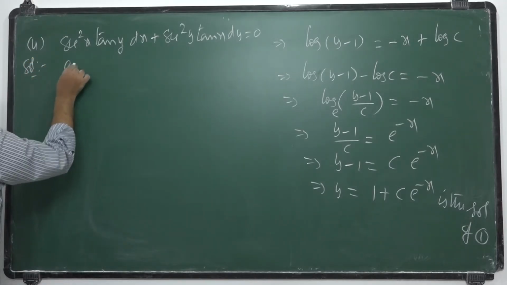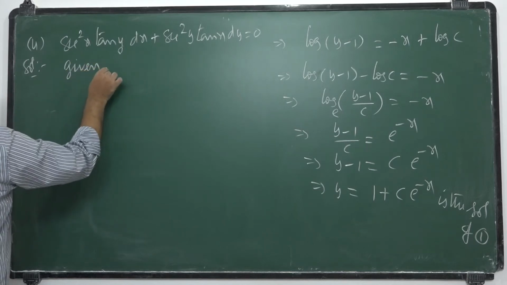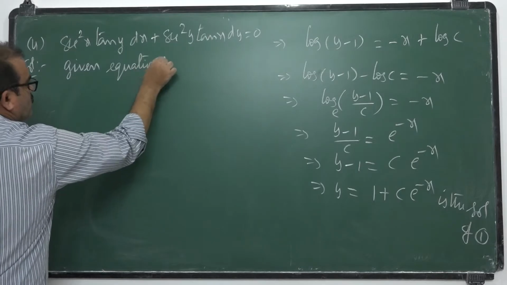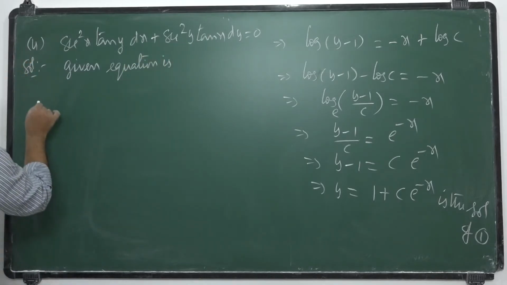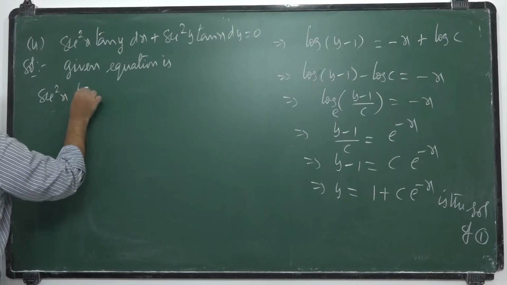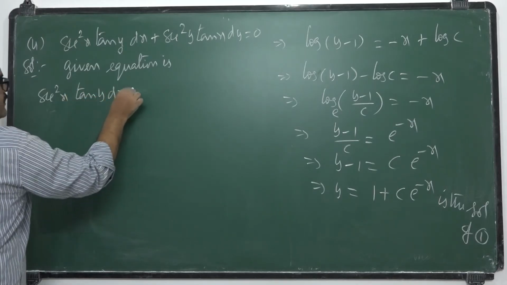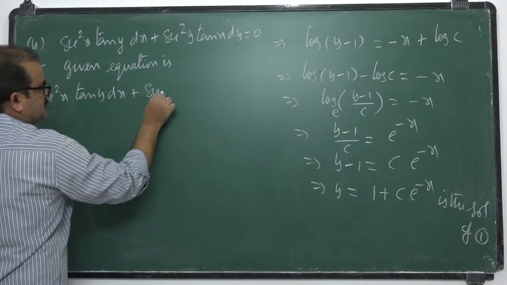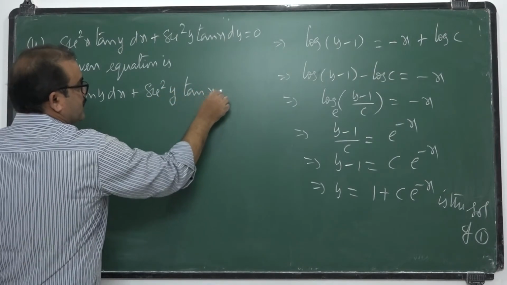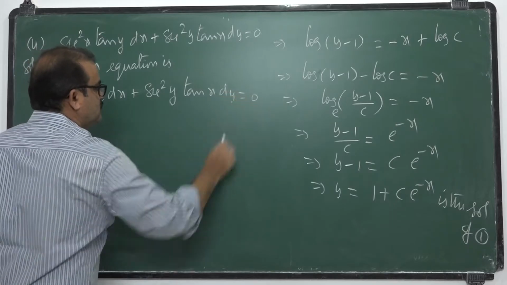Given equation is secant square x into tan y into dx plus secant square y into tan x into dy is equal to 0.